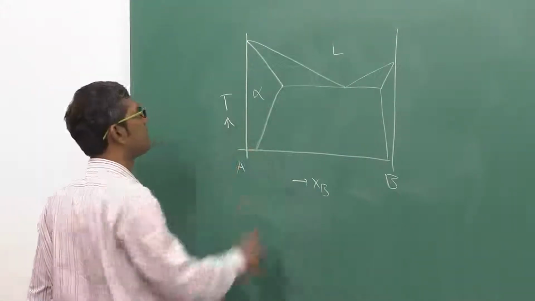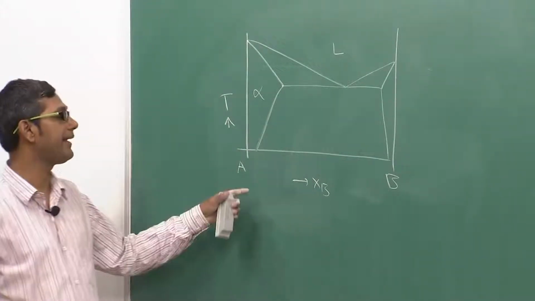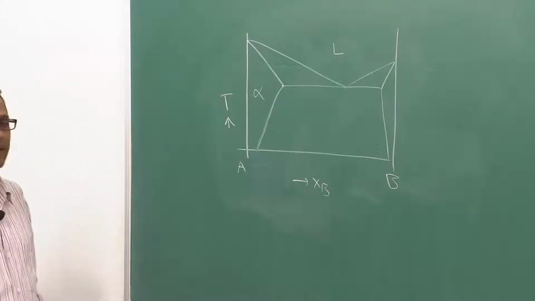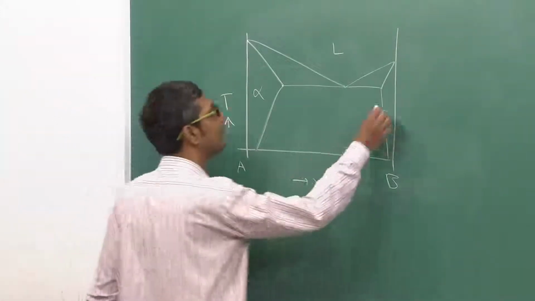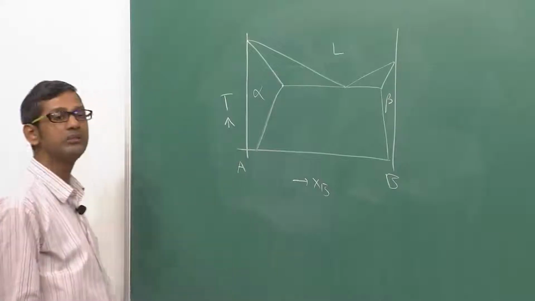First of all, as you see here, alpha is a solution of B in A, and it will have a similar crystal structure to that of pure A, whereas beta is a solution which is B rich.